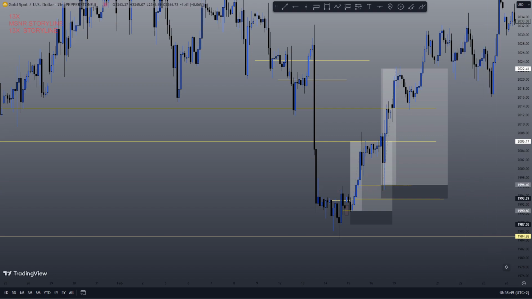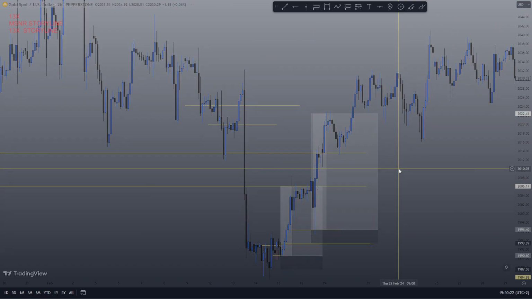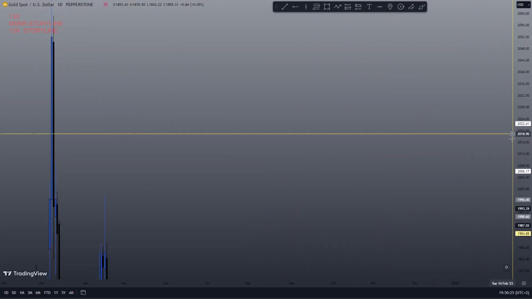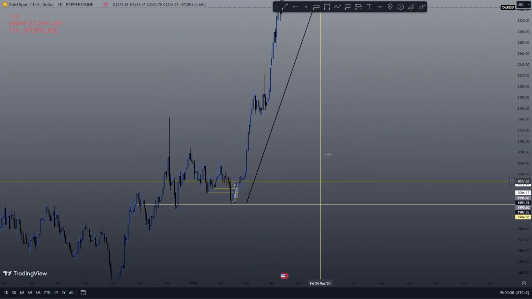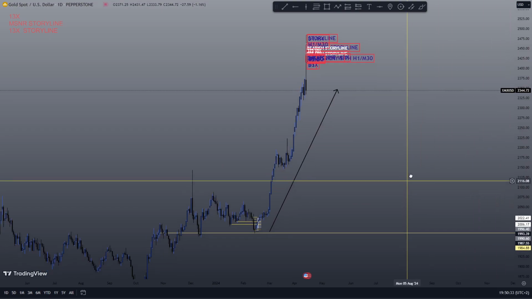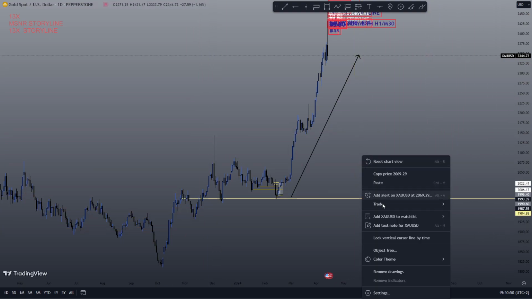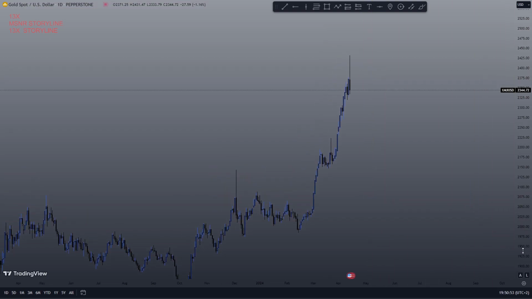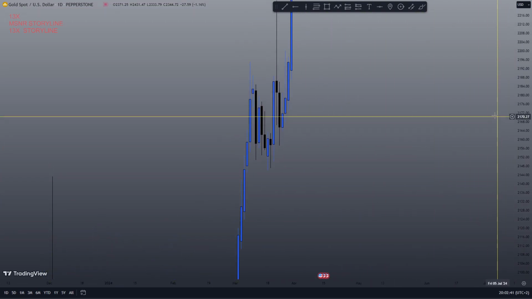Let's see another example. So let's see another example. Let's go to daily time frame. Pick any random range. So let's pick this range.